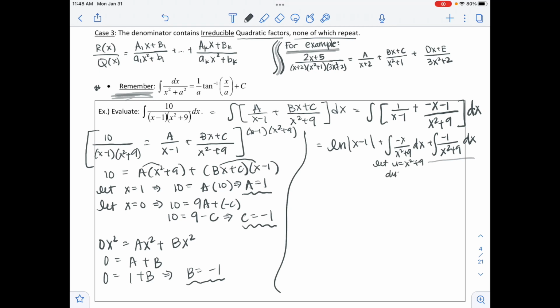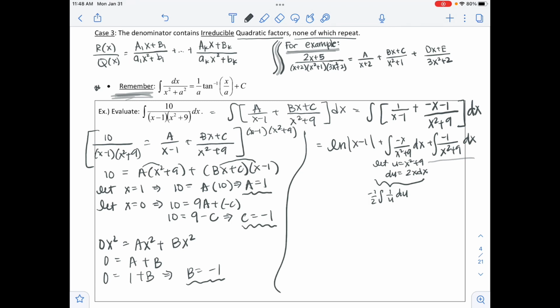So then du would equal 2x dx. And so this middle one right here would then be the integral of, and I'm going to go ahead and put that negative out in front. That was with the negative x. And then I'd have a 1/2 also as I use my u substitution. And I'm going to end up with 1 over u du.